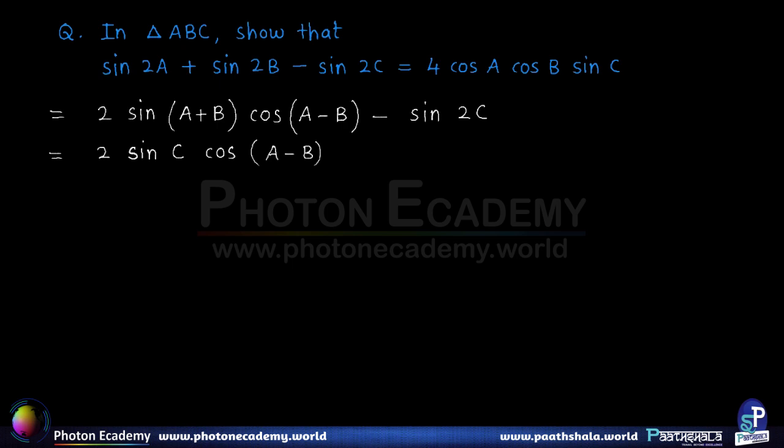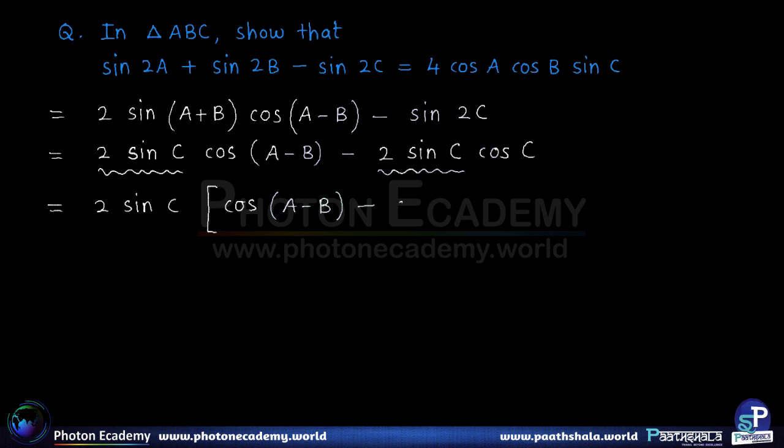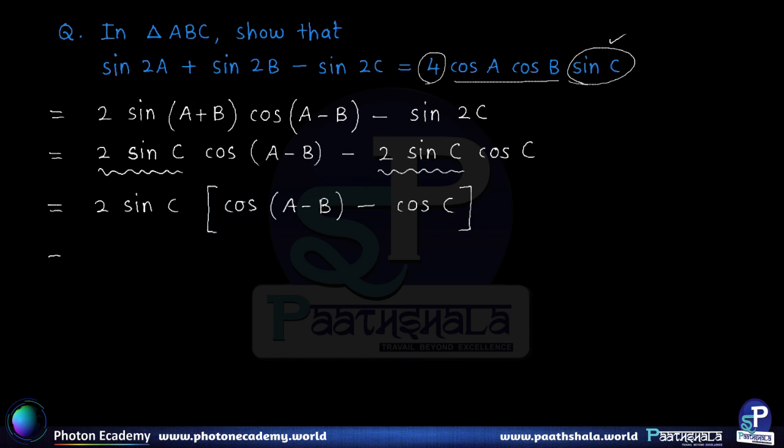So we have to adjust that, and we must also adjust the term sin C in sin 2C. Therefore sin 2C can be expressed using the formula 2 sin C cos C. So we can take 2 sin C common from both of the terms, thereby giving us 2 sin C into the bracket cos(A − B) − cos C. Now we have got the factor of 2 out of 4 and we also have sin C. So we have to just adjust cos A and cos B.